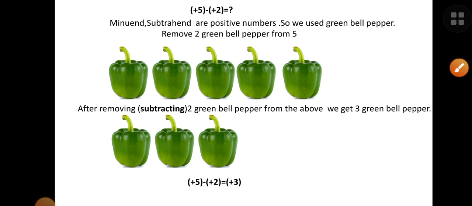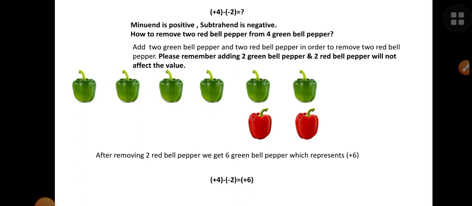Moving on to the next case, case 2. Minuend is positive and the subtrahend is negative. How to remove 2 red bell pepper from 4 green bell pepper? Add 2 green bell pepper and 2 red bell pepper in order to remove 2 red bell pepper.